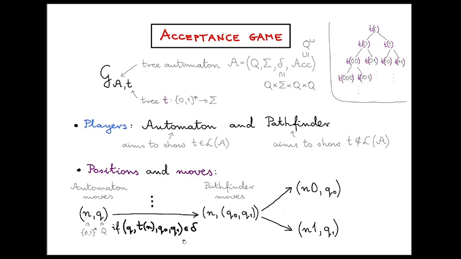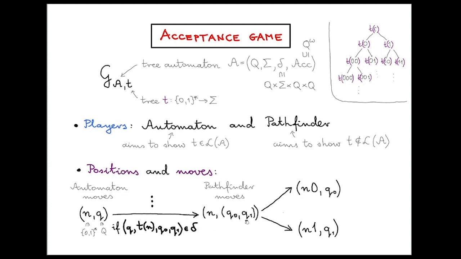Now, it's a game rather than doing both, as we would in the concept of a run. We let the opponent, the pathfinder, pick which direction they want to move in. In other words, what the automaton needs to do is to demonstrate that they can continue successful runs from both q0 in the left child of n and q1 in the right child of n.